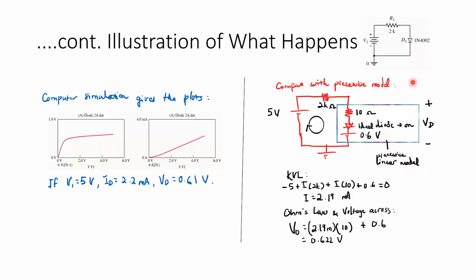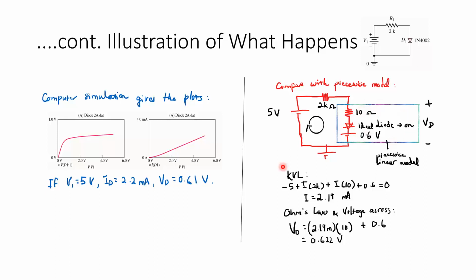So comparing with the piecewise model, now let's say I replace this diode with a piecewise linear model which has a forward resistance of 10 ohms and an ideal diode to show that it switches on, and if it is on, then this becomes a short circuit, and a forward voltage of 0.6 volts is included inside the piecewise linear model.